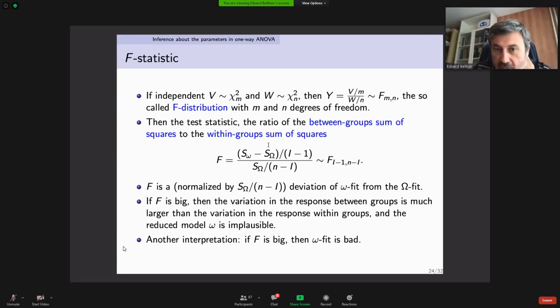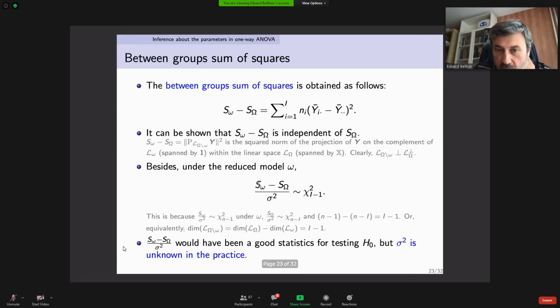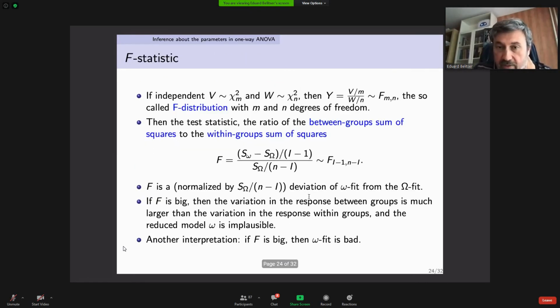This chi-squared divided by sigma squared, and we divide by its degrees of freedom. That's exactly what we are doing here. And in the denominator, it's another chi-squared, and we put sigma squared here as well, and we also divide by the number of degrees of freedom. So basically, we are in this situation, and that means this is an F distribution.